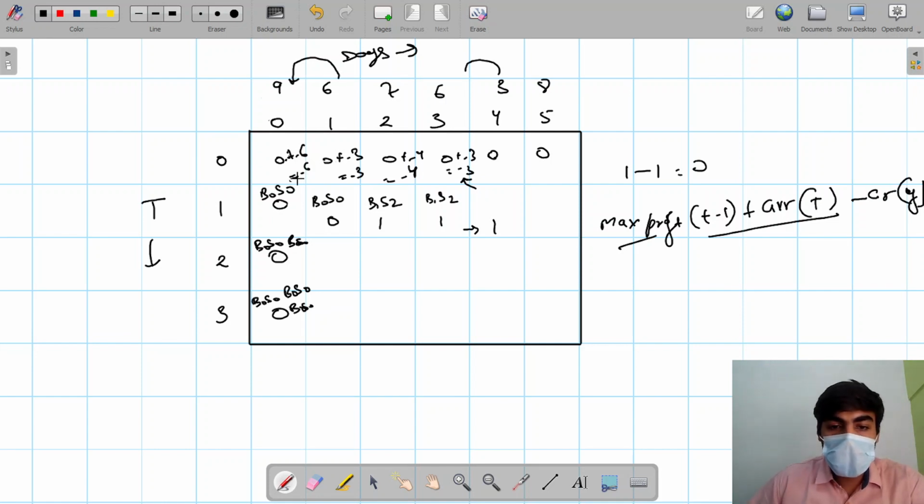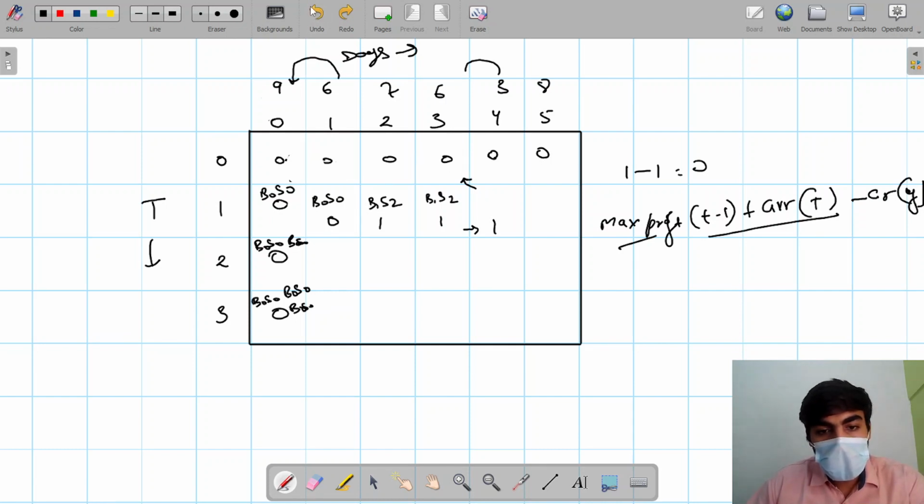So out of all these, 1 is the greater one. We take 1 as it is, remove all these, and write it here.